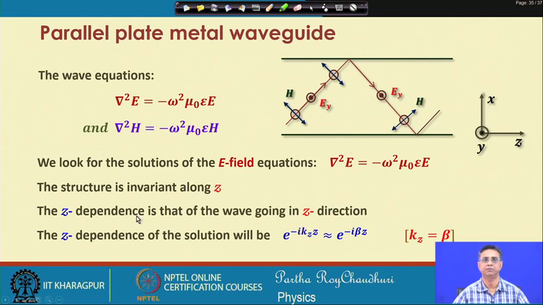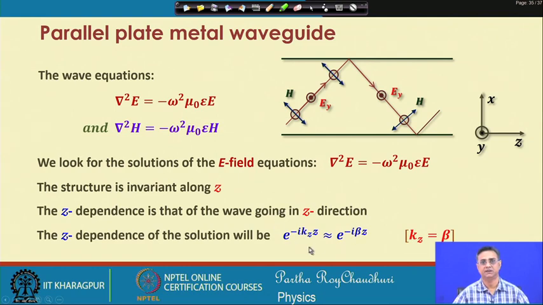So, the z dependence should be represented separately. The z dependence of the solution we have seen earlier can be represented by e to the power of minus i k z z, but k z we have called beta, which is the z component of the propagation vector.